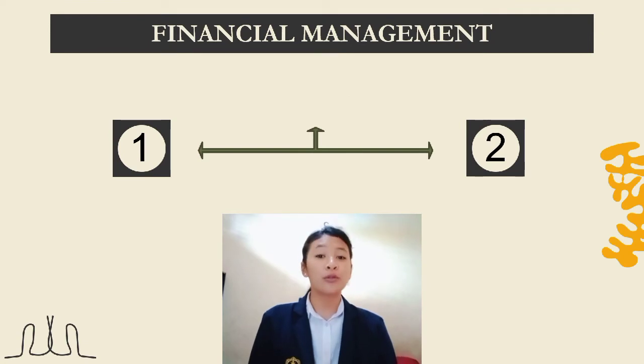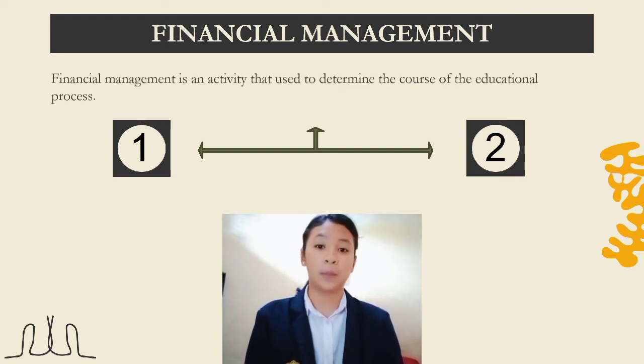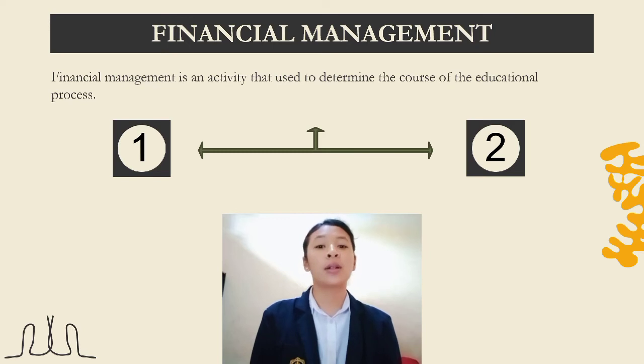We move to the next material about financial management. Do you know what financial management means? Financial management is an activity used to determine the course of the educational process.